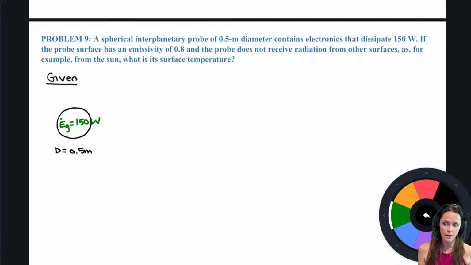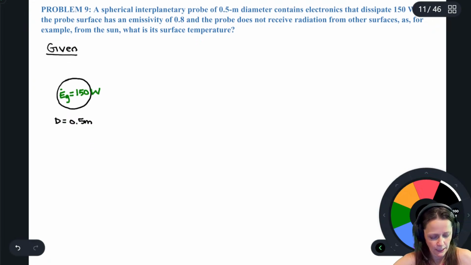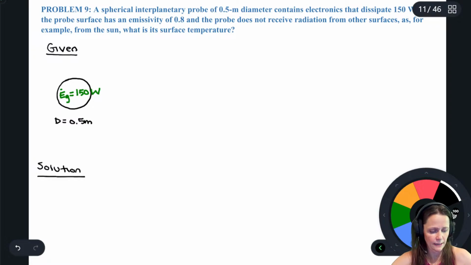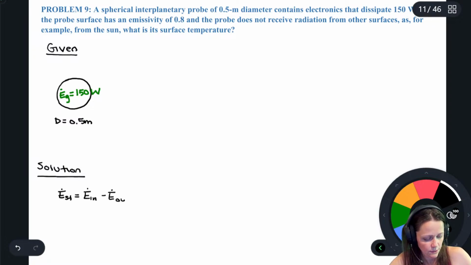If you recall from last night, we talked about energy balances. So I'm kind of jumping the gun just a hair, but that energy balance we had: E dot ST equals E dot in minus E dot out plus E dot G. That's a control volume energy balance.